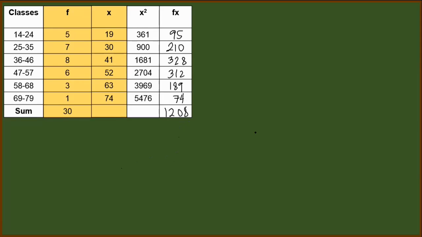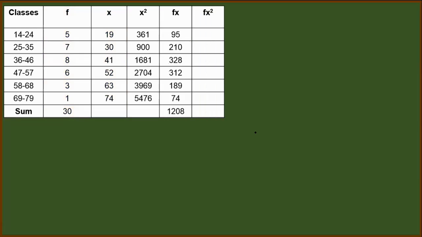So for the next step, we will add an additional column. Let me just write it more legibly. The next column will be concerning f times x squared. So in this case, what we're going to do is we will multiply f by each of the x squared. That's why we added this column a while ago. So let's multiply 5 times 361.